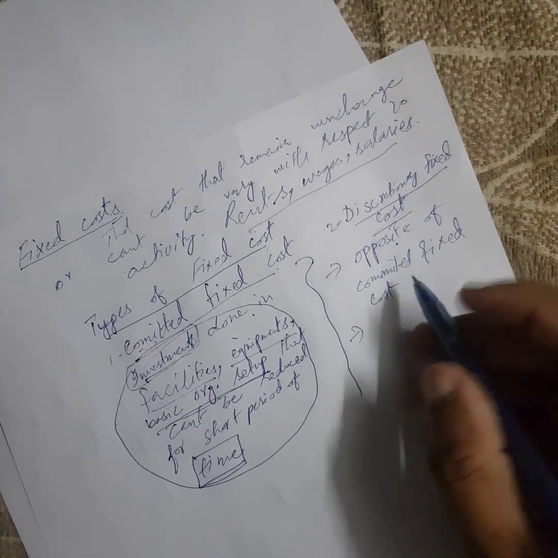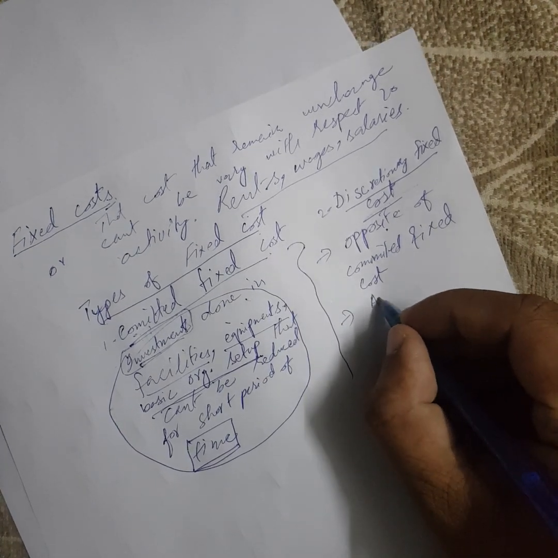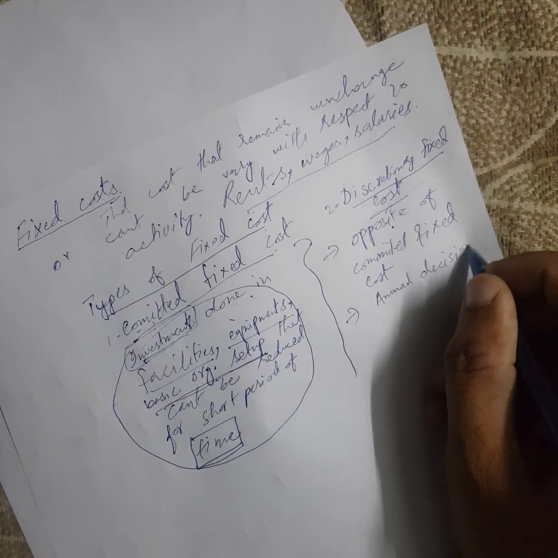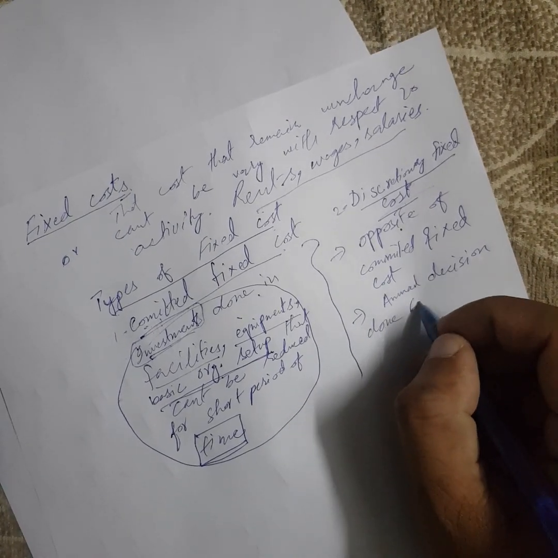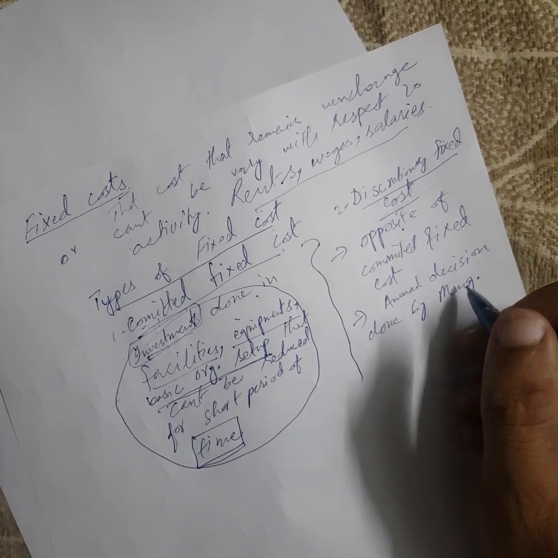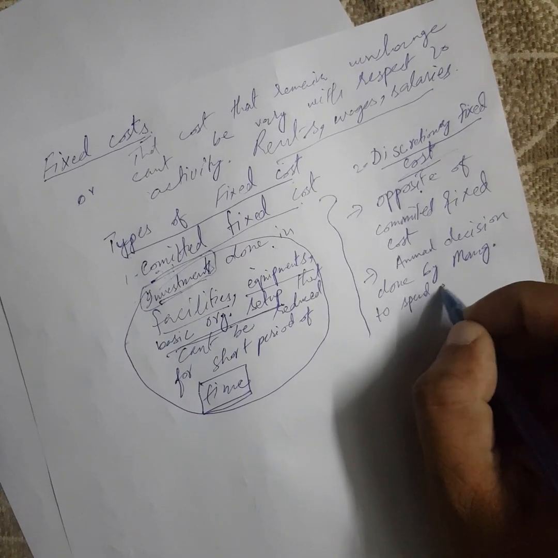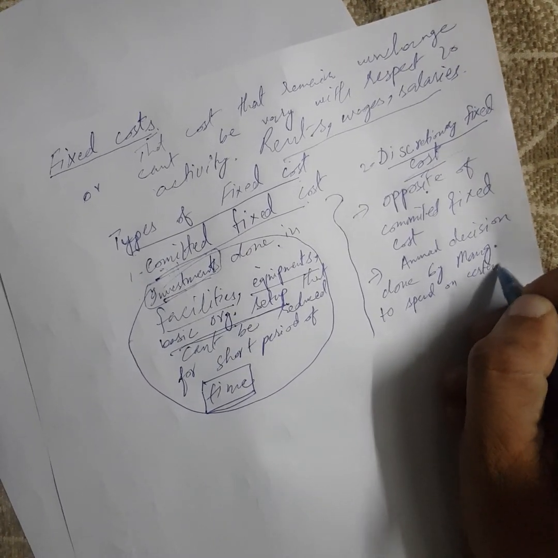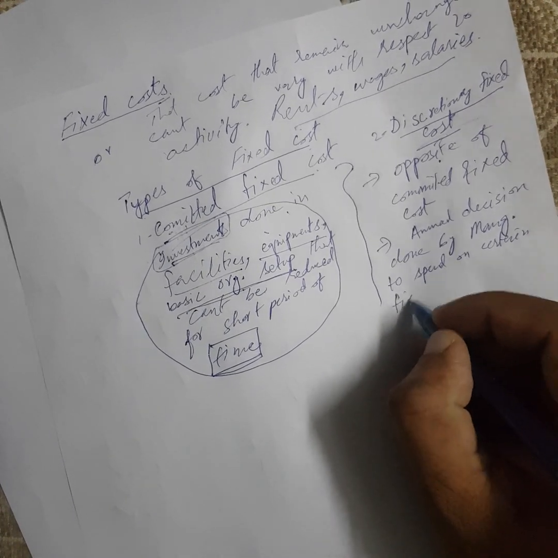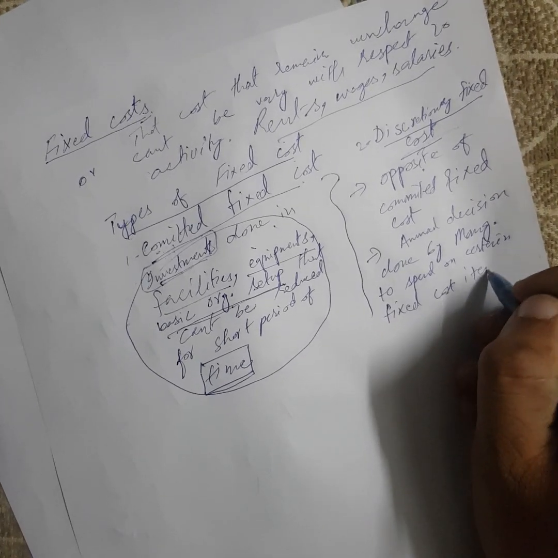Second thing is annual decisions done by management to spend on certain fixed cost items.